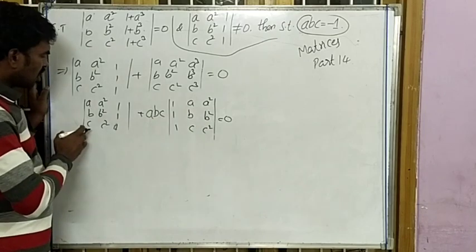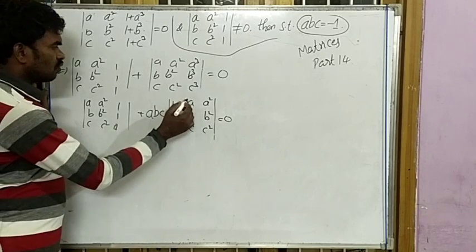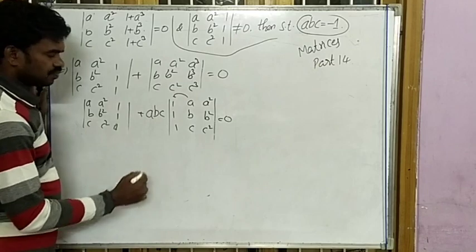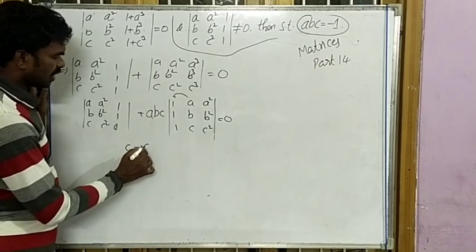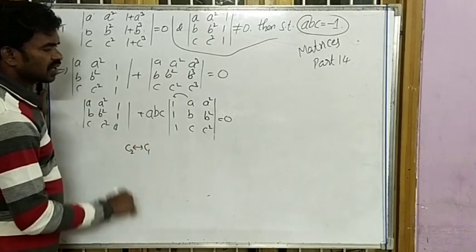But in the first one the first column is abc, whereas here the first column is 1. So what we can do is write the second column in the first column, and the first column in the second column.